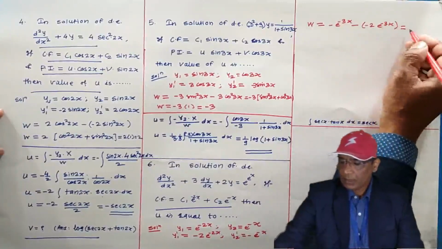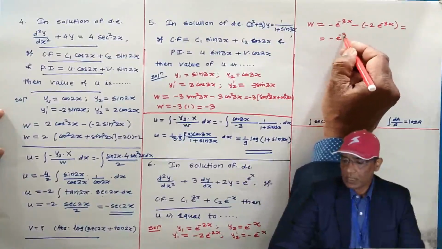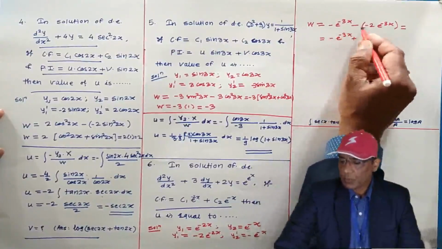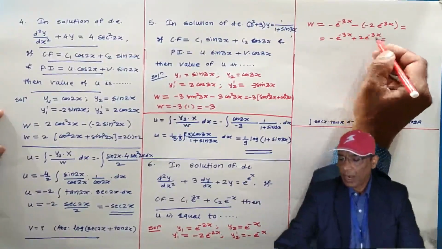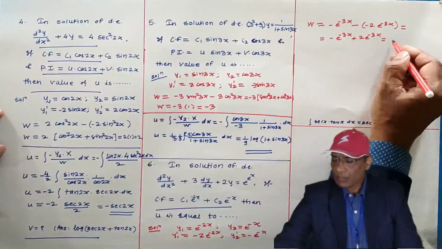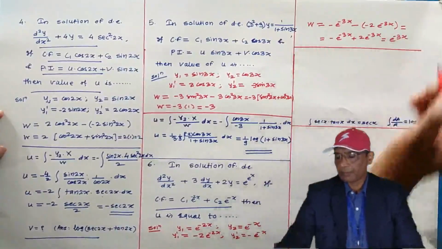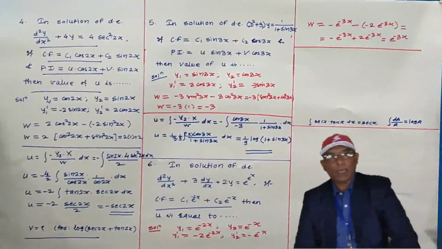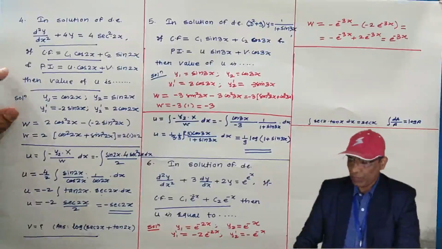Then I am writing here minus e to the power minus 3x, minus minus plus 2 e to the power minus 3x, and 2 minus 1 is 1, that means e to the power minus 3x. This is the value of W. Right from the beginning I am telling you, the value of W may be asked in the examination as an MCQ.